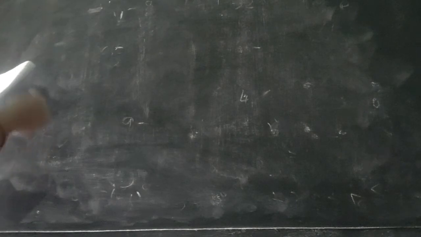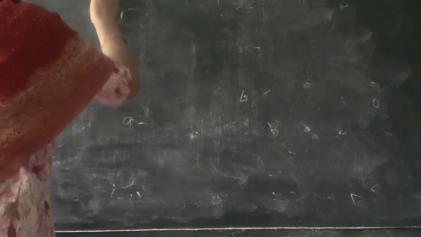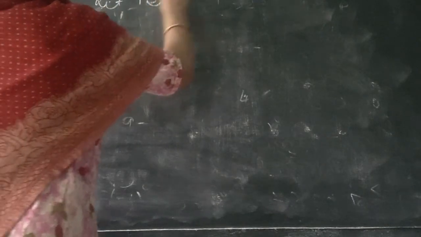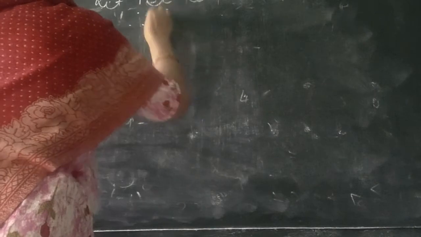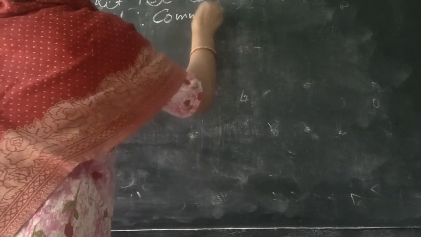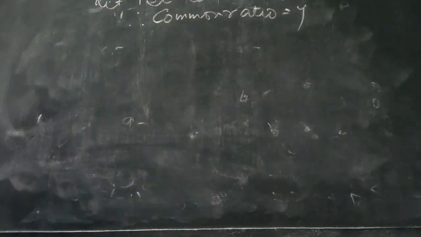The third sum: if the p plus qth term of a GP is a and the p minus qth term is b, then determine the pth term. Let the first term be x and the common ratio be y.